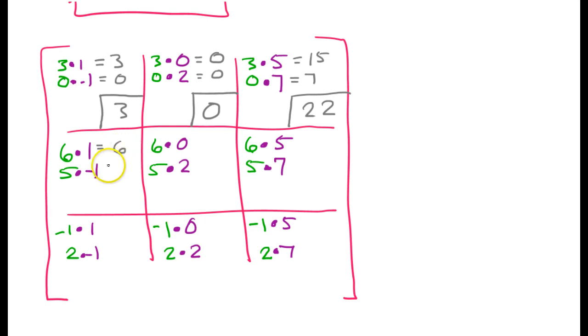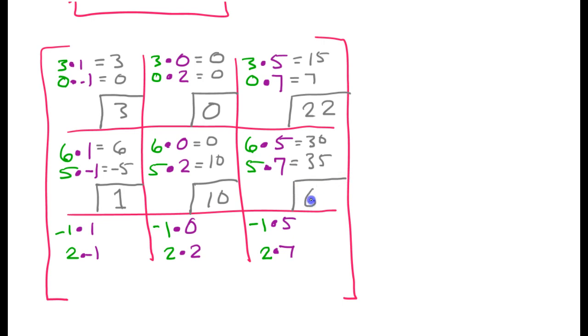All right, here I'm going to have 6 and -5. Add them up, that's 1. 0 and 10. Add them up, that's 10. 30 and 35.